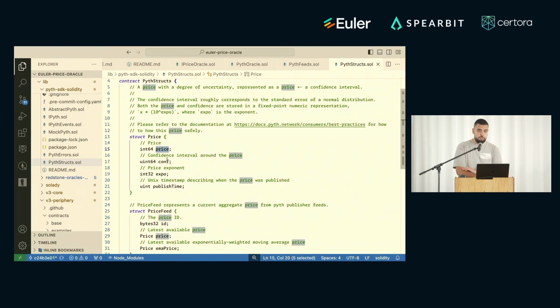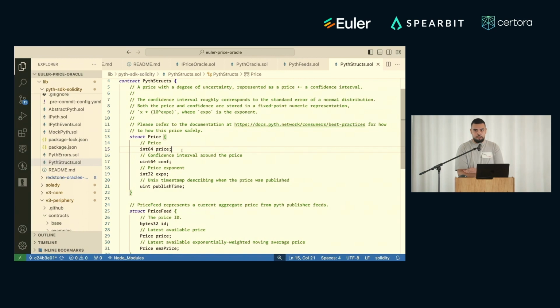The confidence interval is really unique to Pyth in oracles. So it's the statistical 95% confidence interval for this price, which means that statistically speaking, we could expect the true price to lie in that interval around the mid price 95% of the time.